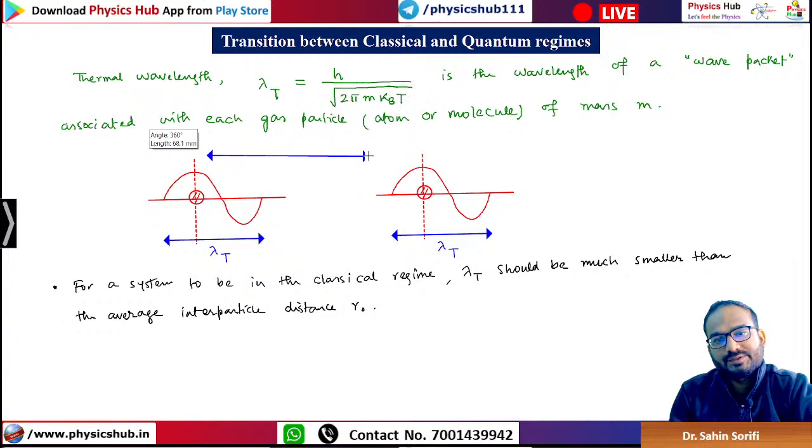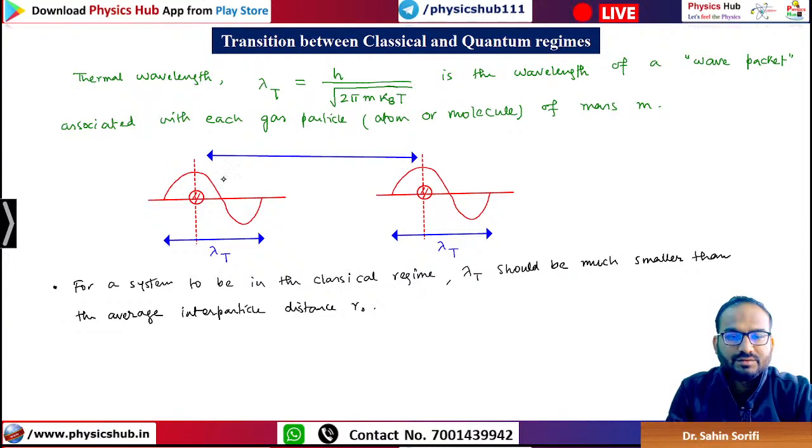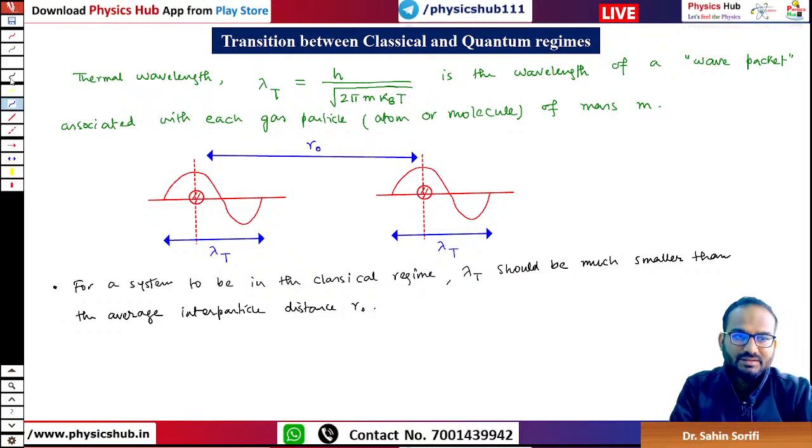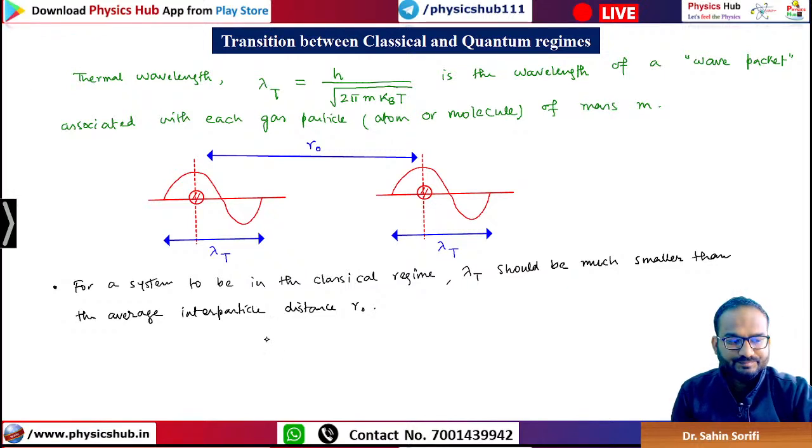This separation between the two molecules we may denote by R0. This R0 should be much greater, or conversely this lambda T should be much smaller. Then we can say it is in the classical regime.